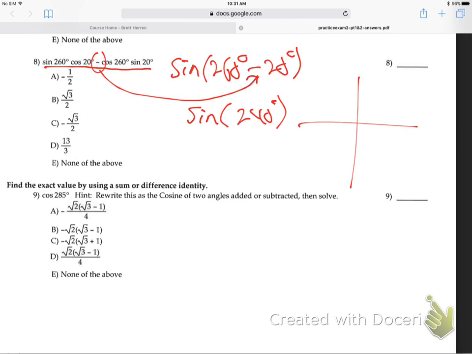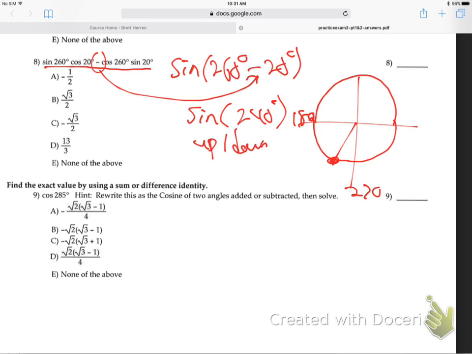So let's go to 240 degrees. This is 180. This is 270. Where's 240? 240 is right there, just 30 off of 270. So tell me about that point right there. I'm doing sine now, so what am I thinking about? Right, left, or up, down? Up, down. Remember, sine is up, down. Cosine is right, left. So I'm asking, is that point up or down?